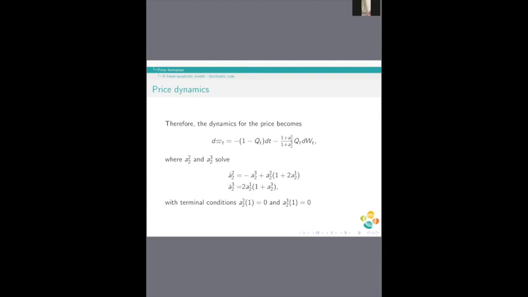We get the formula because we solved the previous coefficient, so we get the formula for the price, where the coefficients A are given in terms of Riccati-like equations. I mean, they are kind of nasty equations, but they are solvable, or at least numerically solvable.